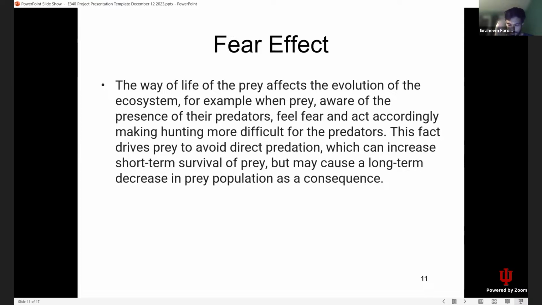This idea has some consequences associated with it: if the prey are scared of predators, over time they will be less likely to go out and reproduce, and therefore their growth rate will be reduced.